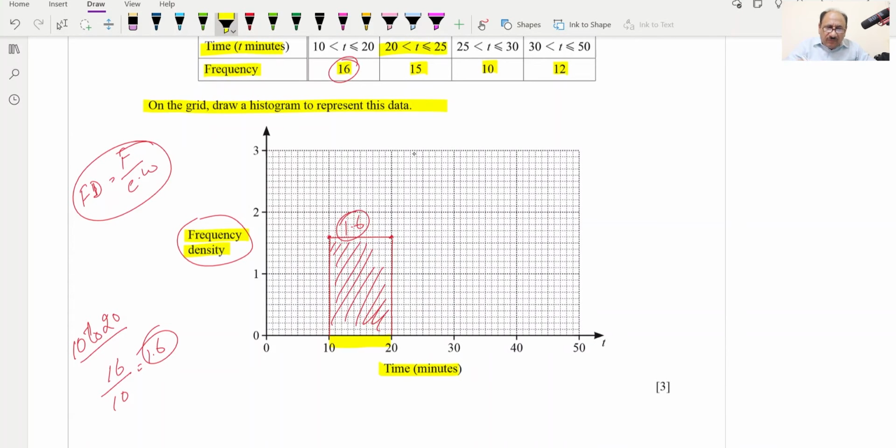20 to 25 will be up to this one only. So we can find the frequency density for 20 to 25. Frequency is 15. Frequency density we have to calculate. This will be 15 divided by the class width, which is 5.